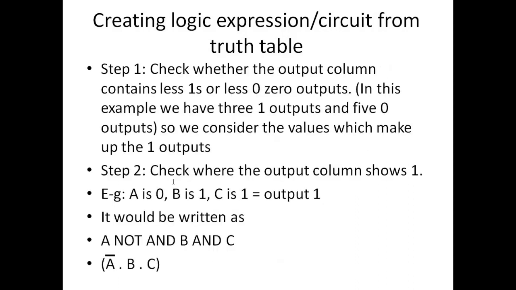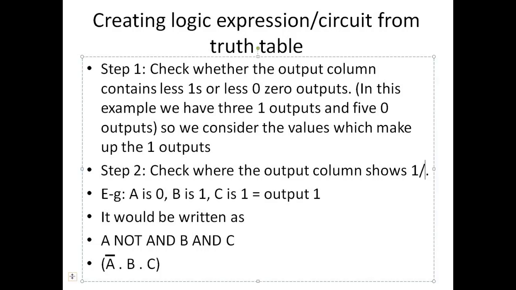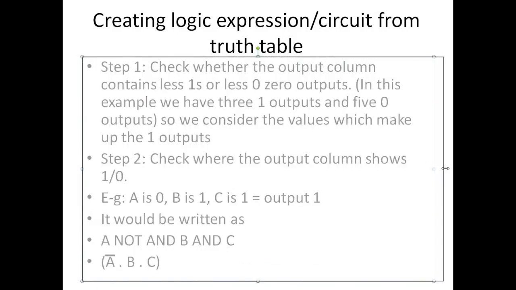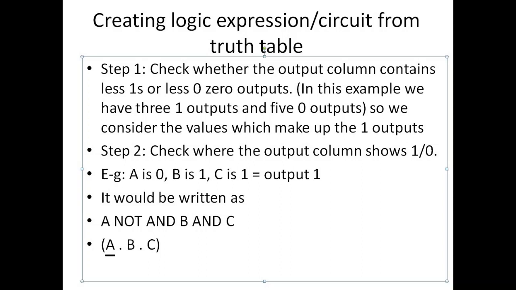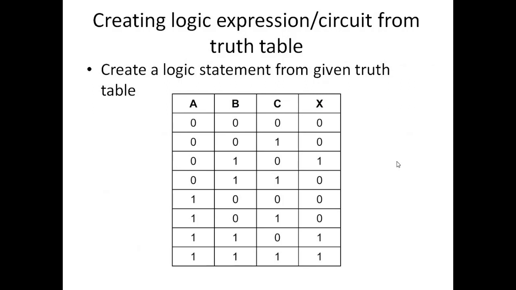So what I'm going to do is check where the output column shows the output which is occurring less, and put a mark next to it using your pencil or pen, like over here, and over here I'm having a 1. If it was a different table where zeros were occurring less, then I would be marking zeros.